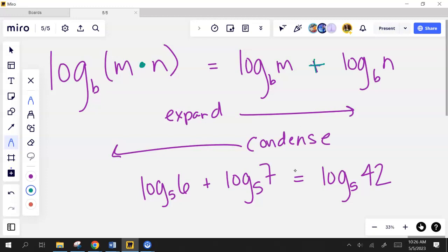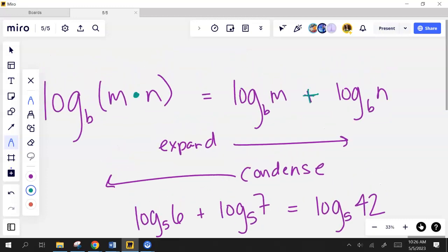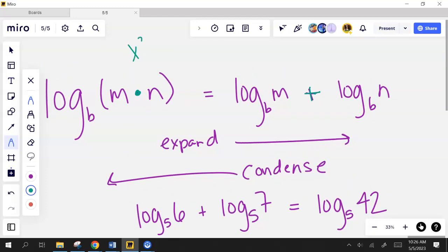So if I'm adding them here, I would put them together with multiplication. You won't be able to combine them unless they have like bases. This is the property. It's kind of like, remember if we had x squared times x to the third, I added the exponents. It's just a property like that. That's just what we do.